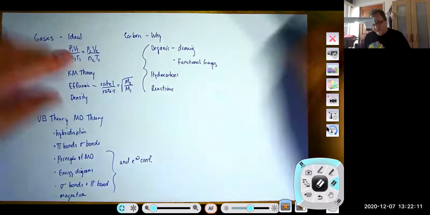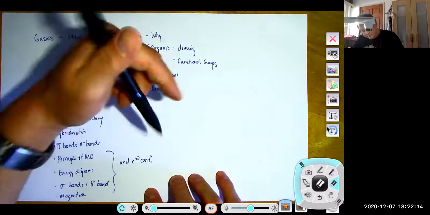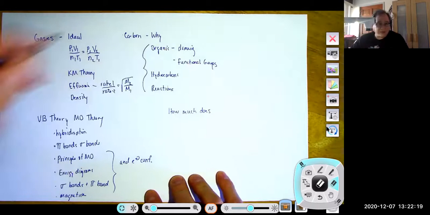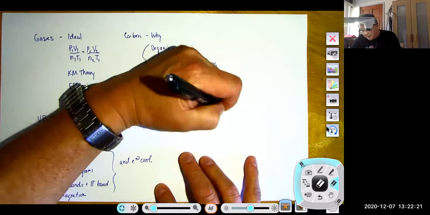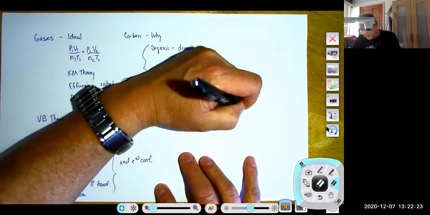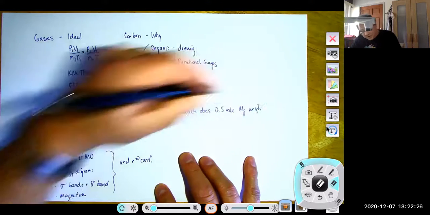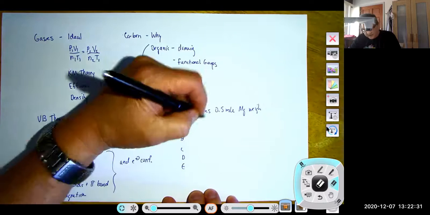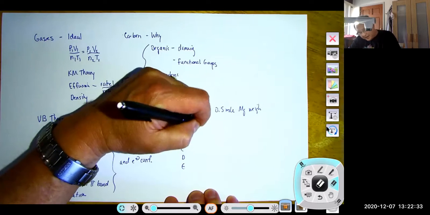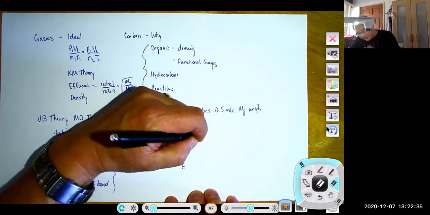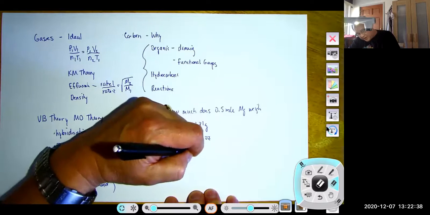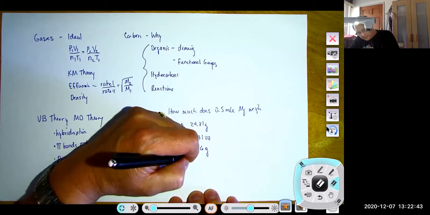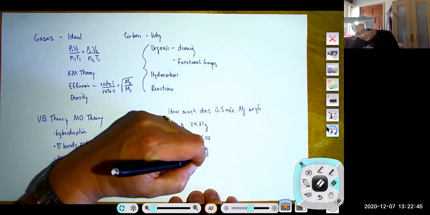But I might have questions like this. How much does 0.5 moles of magnesium weigh? And I could have answers like A, B, C, D, E: 24.31 grams, 24.31 ounces, 12.16 grams, 0.5 grams, and so forth.